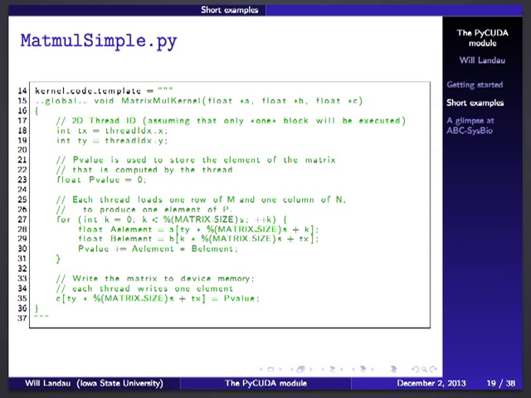You can take care of this on the Python side really easily. So I can go ahead and use these thread indices in each dimension. So tx and ty are the thread indices in each dimension. P-value is an unfortunate name, but I didn't write this code. P-value is just something to store the current element of the return matrix.